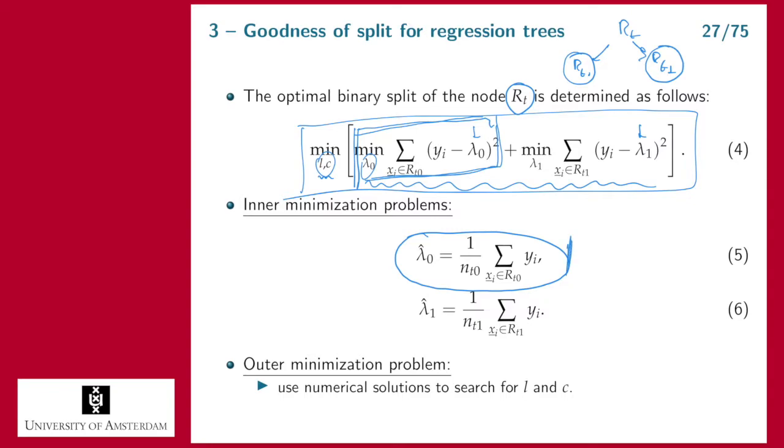The same holds for the second minimization problem. Given that we know the variable xl that is used to split the node and the c that determines the splitting rule, the best prediction in Rt1 is the sample mean. So we can solve for lambda 0 and lambda 1 in an analytical way. The other two, L and c, need to be solved in a numerical way.